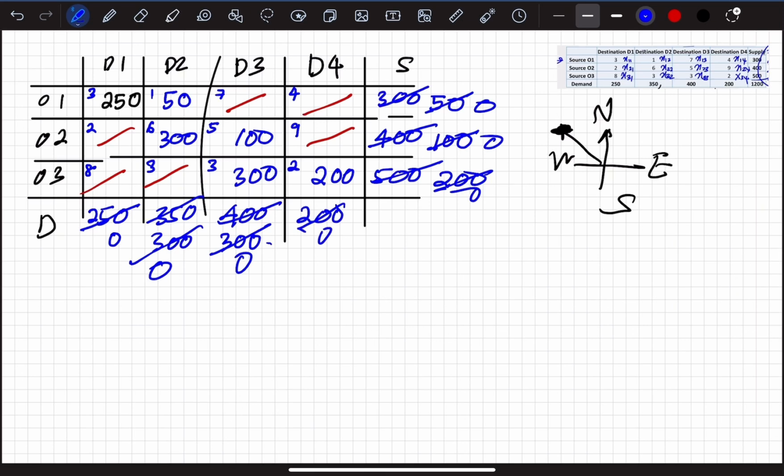But in this case, we need to calculate our cost Z just now. Because we see here, this is our variable representing each cell, you just need to multiply with the cost from each cell.